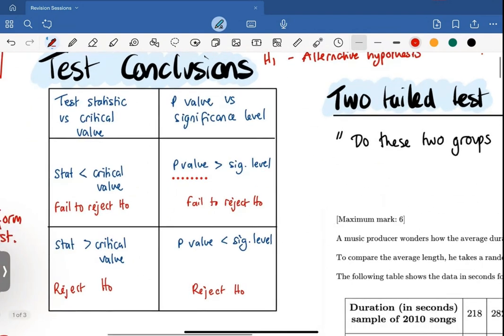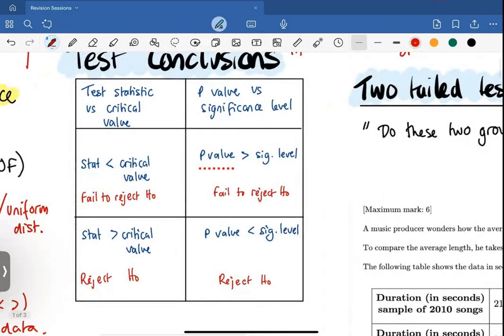Now, the way that I like to remember this is, if I can just remember the critical value one, then the p-value and significance level are just the opposite of the test statistic version. So if my test statistic goes over the critical value, so I think about that word critical.